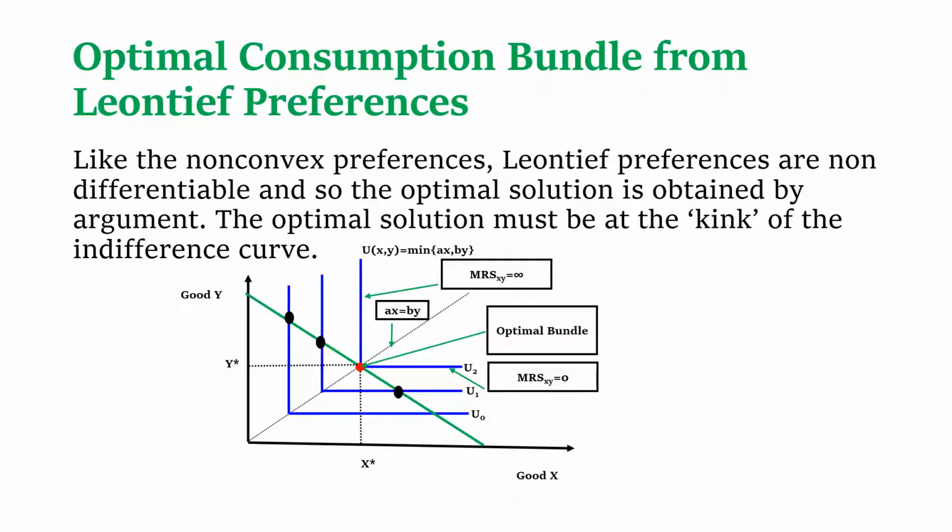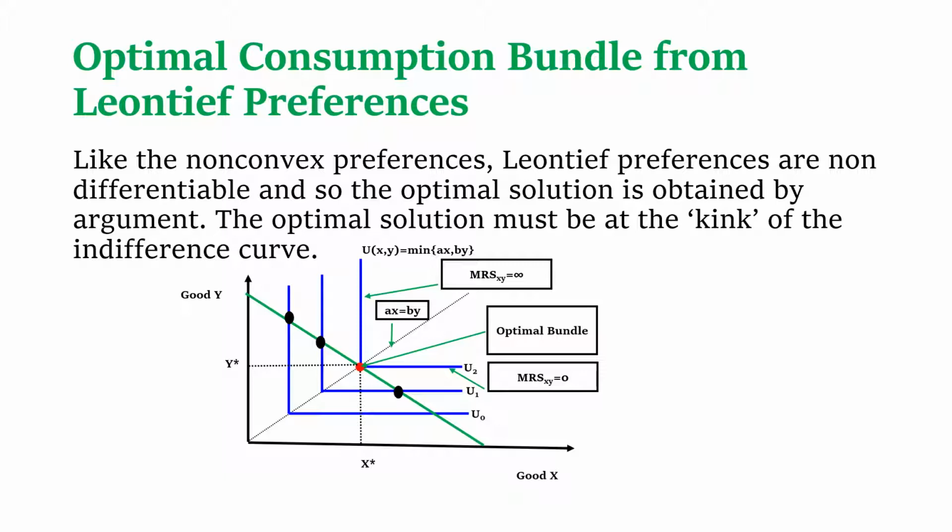You are not better off having more of left shoes and less of right shoes. So that is why for all Leontief preferences, or fixed proportion preferences, the optimal consumption bundle is always at the kink of the indifference curve.